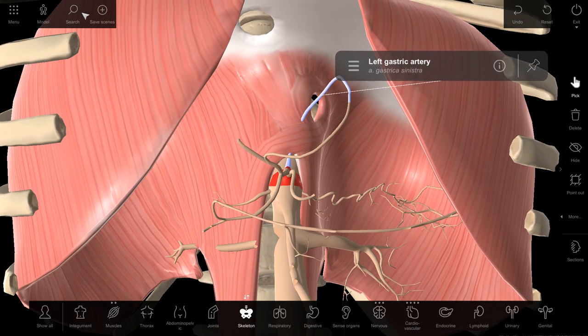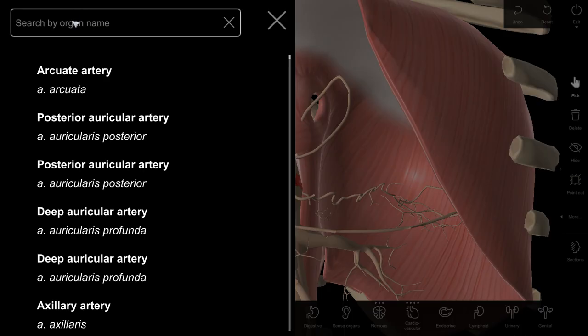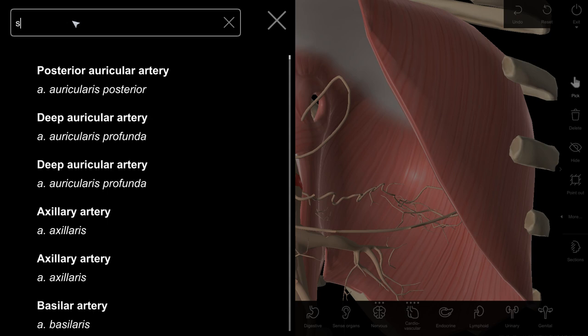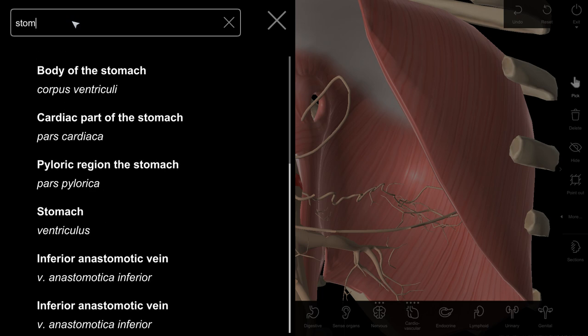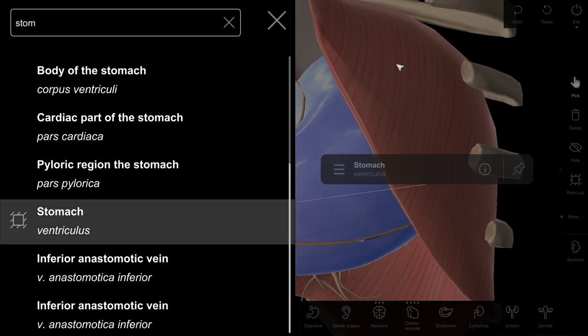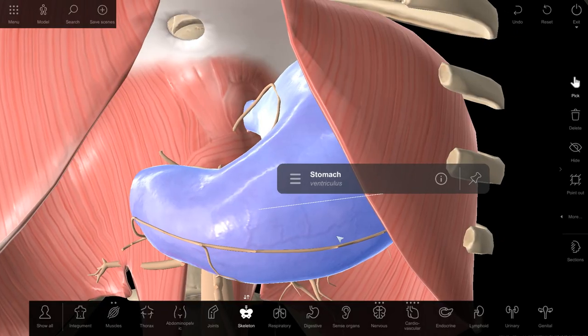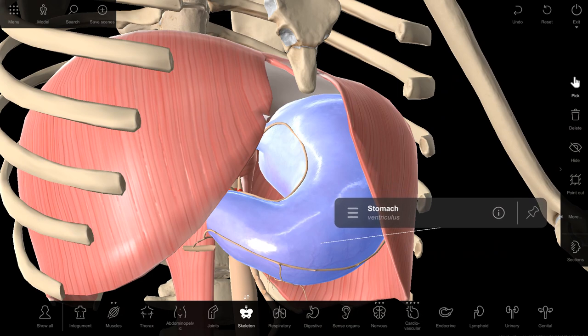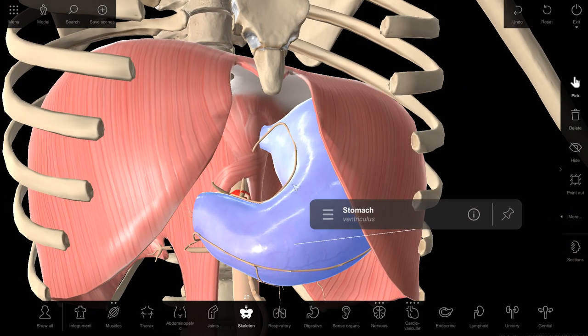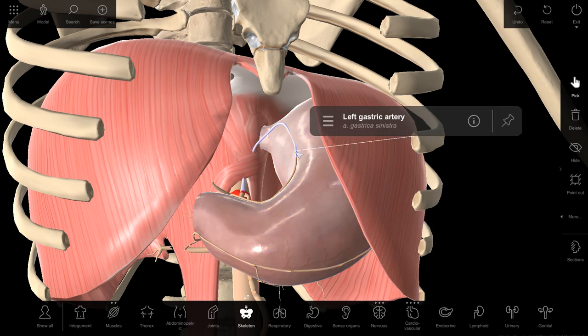Let us find the stomach, the gaster. Here it is. So we can find that arteria gastrica sinistra runs on curvatura ventriculi minor. Here it is.